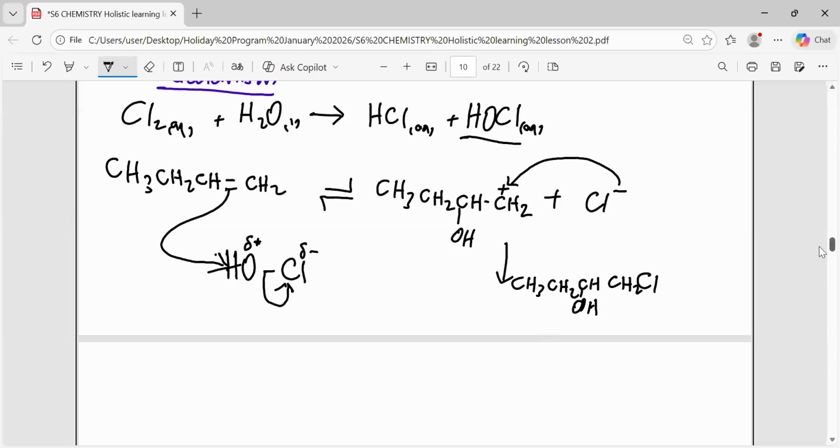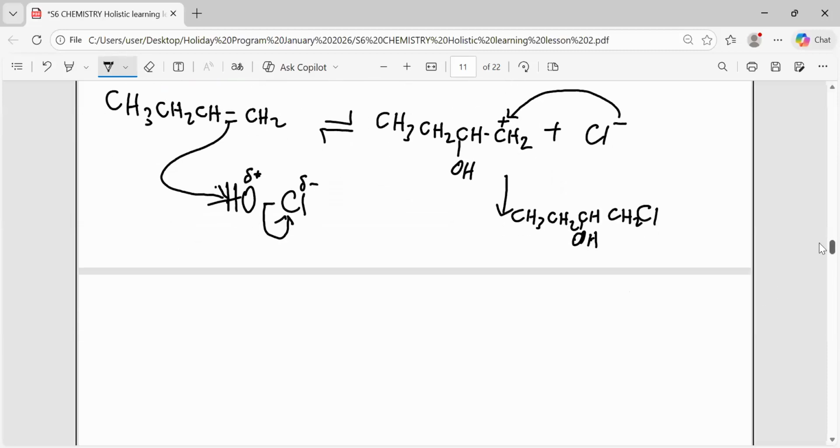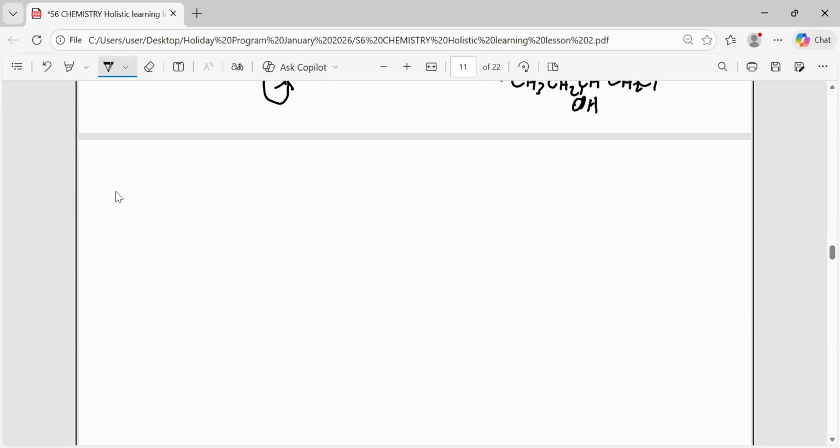So that was your first method. But we can also use the second method, where we don't need to first react. Now we have CH3, CH2, CH double bond CH2. So we have bromine and water. Is it bromine or chlorine? We have chlorine, we are using chlorine. When chlorine dissociates, it becomes partial negative and partial positive.